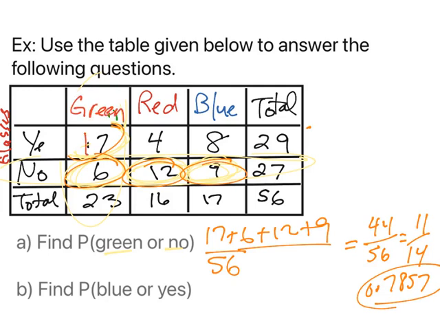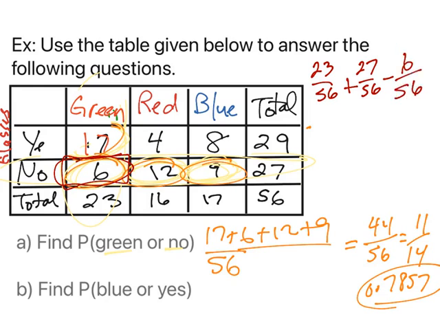Think about doing it the way we did it before. Probability of green is 23 out of 56. The probability of no is 27 out of 56, and green and no would be this 6 right here, 6 out of 56. Both ways, we get the same thing, 44 out of 56.